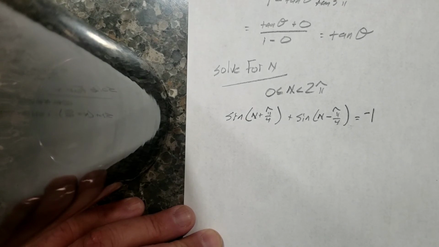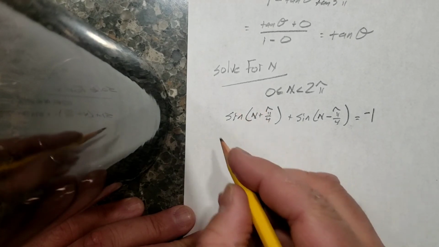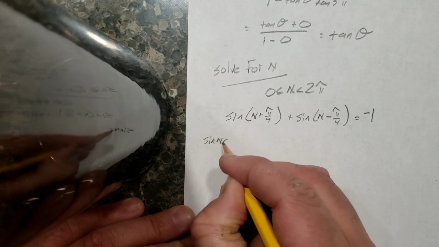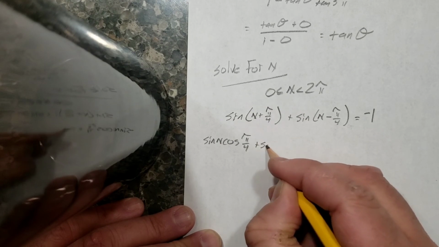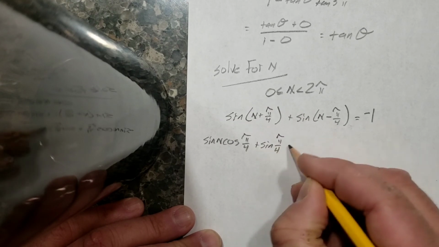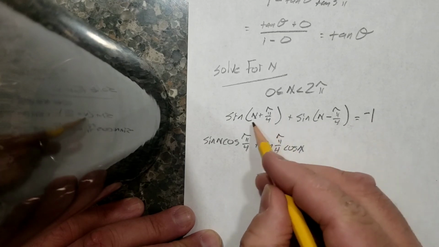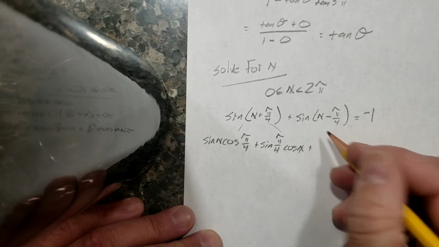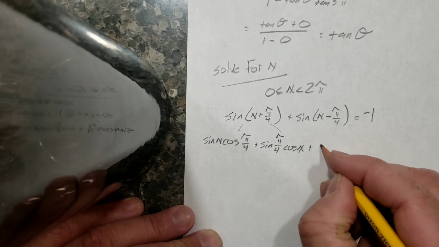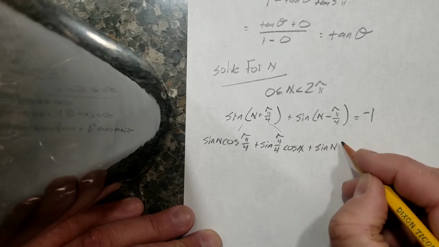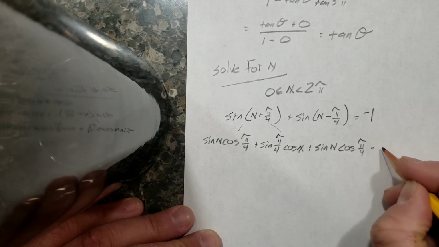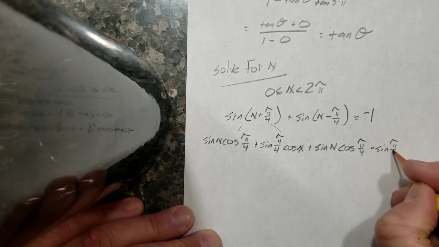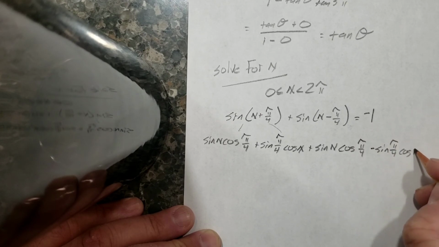Okay? Now the first thing we want to do is we want to expand these. Okay? We'll get sine x cosine pi over 4 plus sine pi over 4 cosine x. That's the first one. Plus, and then we'll do the difference formula for sine. Sine x cosine pi over 4 minus sine pi over 4 cosine x, and that equals -1.